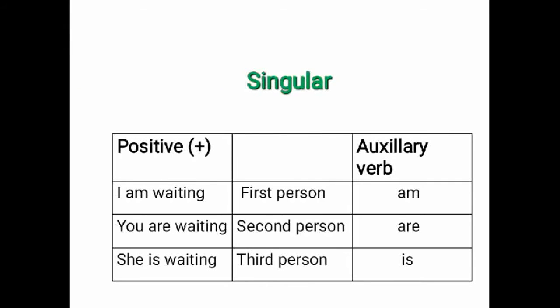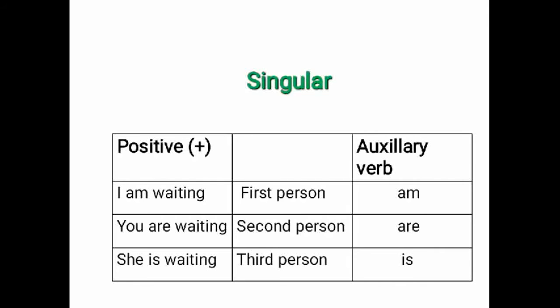These are positive sentences. You have to understand which is the singular subject and the auxiliary verb of these sentences. First one, I am waiting. Singular subject is I. I belongs to first person. You have to add auxiliary verb am for first person.